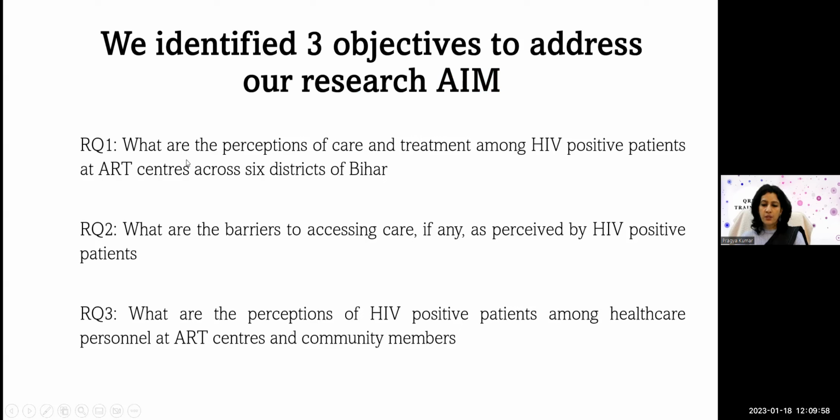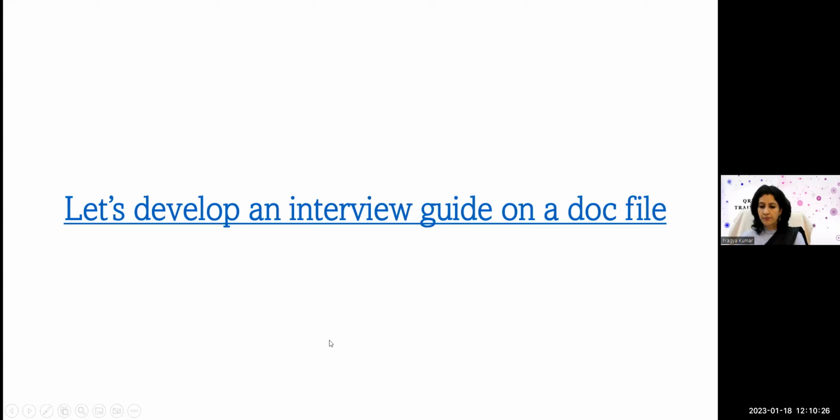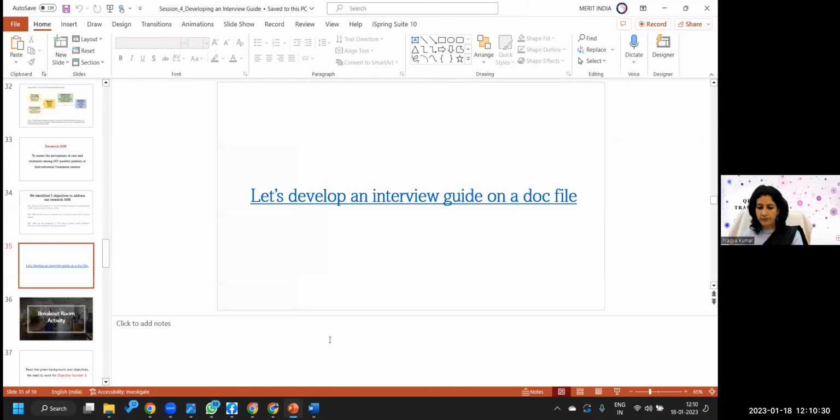The first was, what are the perceptions of care and treatment among HIV positive patients at ART centers across 6 districts of Bihar? Second, what are the barriers to accessing care as perceived by those HIV positive patients? And third, what are the perceptions of HIV positive patients among healthcare personnel at ART centers and community members? Now I'll show you that interview guide.